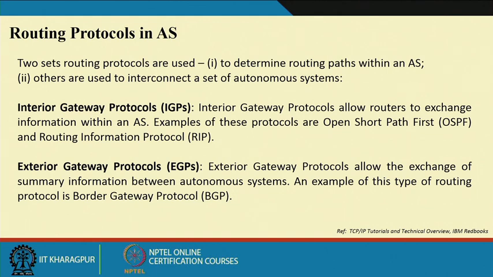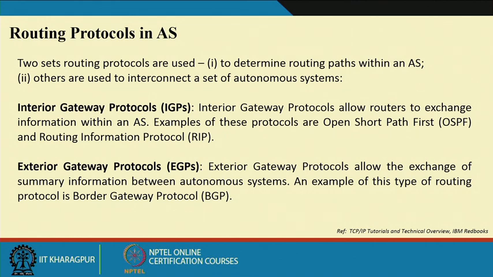Examples are Open Shortest Path First or OSPF and Routing Information Protocol or RIP. These are 2 popular protocols which we have already seen. One is based on distance vector, another is based on link state.